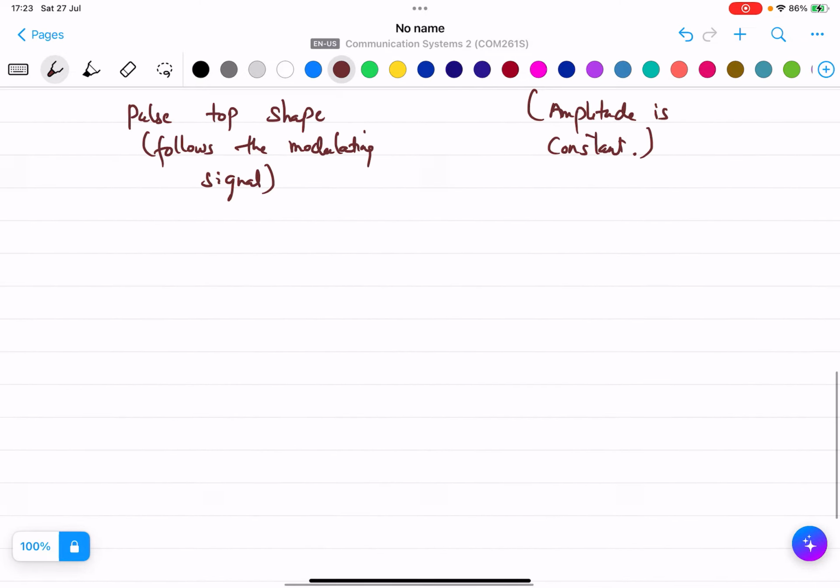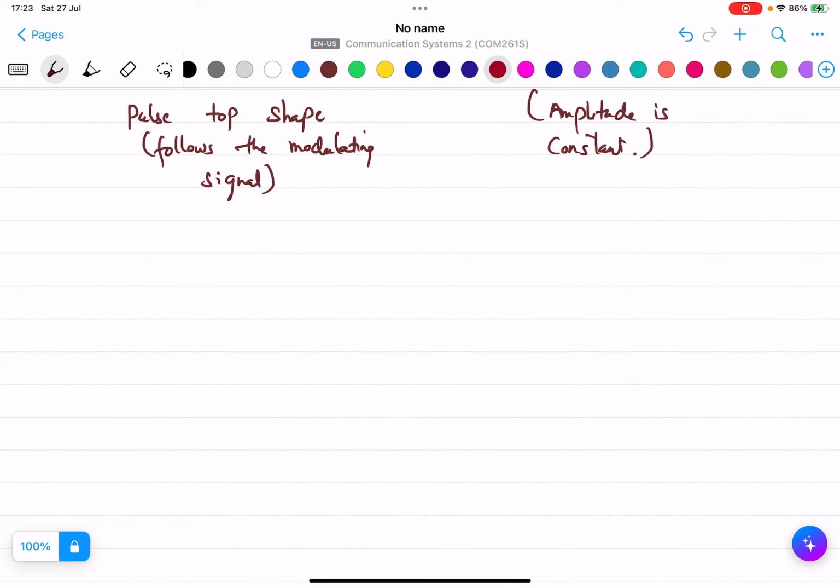Now you need to know how to generate a PAM signal.